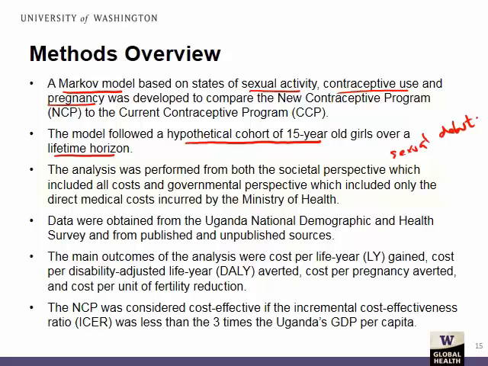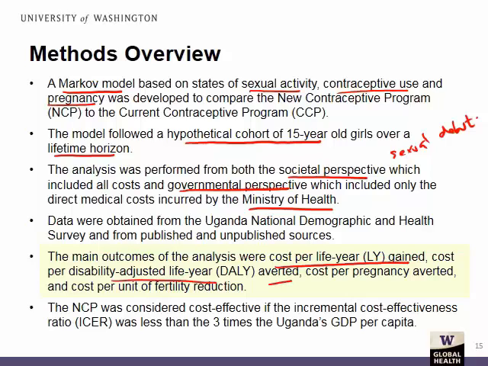And we did two perspectives, the societal and the governmental. And the governmental perspective is, in this case, the Ministry of Health, because the Ministry of Health pays for healthcare in Uganda. Most of the data came from the DHS, the Demographic and Health Survey, and the main outcomes were cost per life year gained and cost per DALY averted.